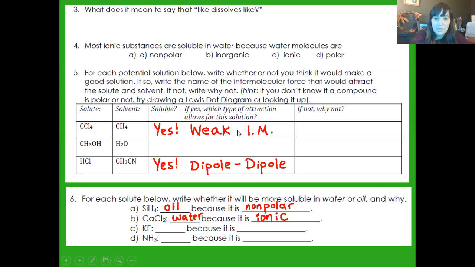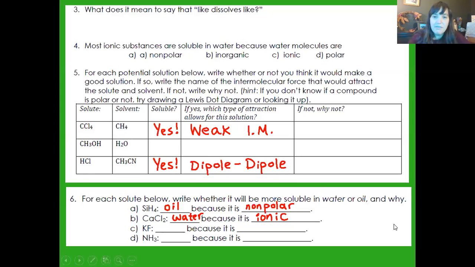The attraction that holds them together are weak intermolecular forces. These two are both polar, so yes, that would make a great solution as well, and the attraction would be dipole-dipole. And same with this last one. These are both polar, so they're great at dissolving each other, dipole-dipole.